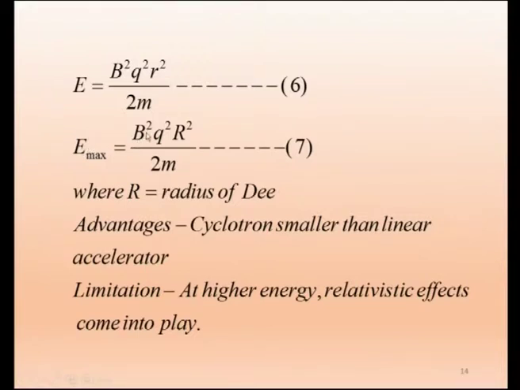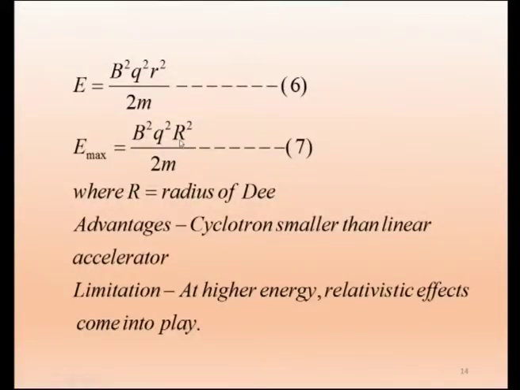Suppose the magnetic field is 1 Tesla and you make it double, 2 Tesla. The energy is not doubled, the energy will become 4 times, because 1 squared is 1, and when you put 2 Tesla it is 2 squared, which is 4. So energy increases 4 times.